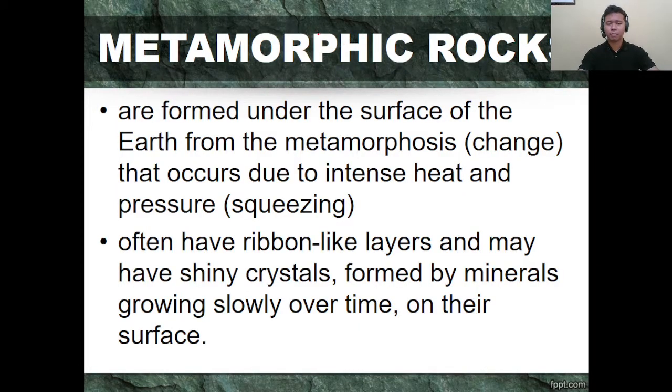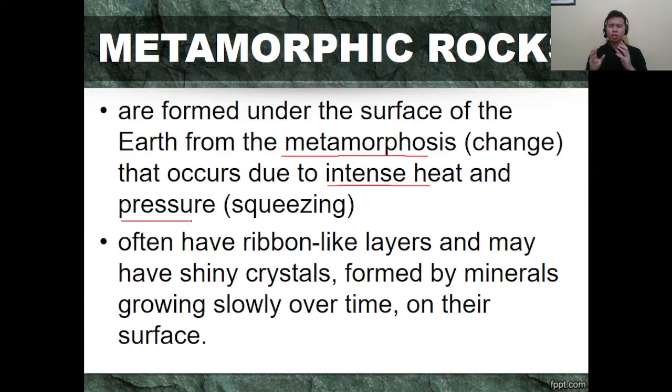We have the metamorphic rock. So metamorphic rock are usually formed under the surface of the earth from the metamorphosis that occurs due to intense heat and pressure, squeezing the rock component, changing its type. When igneous rock is exposed to extreme heat and pressure, then it could possibly form into metamorphic rock.